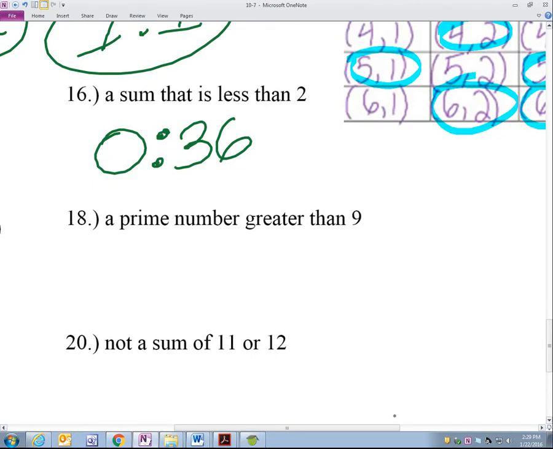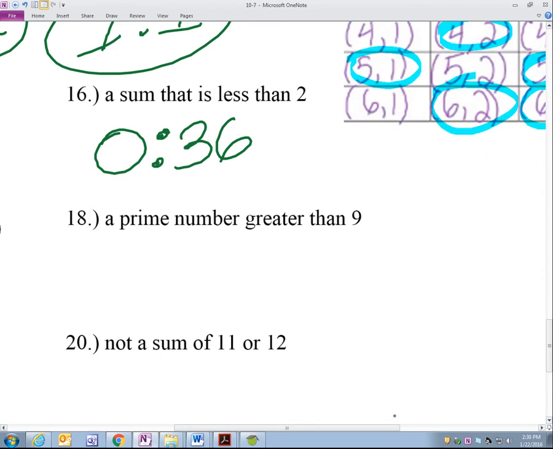Now, how many of these have the sum that is a prime number greater than 9? Look at your data. Right away, you should know how many numbers there are total. There's just 11.